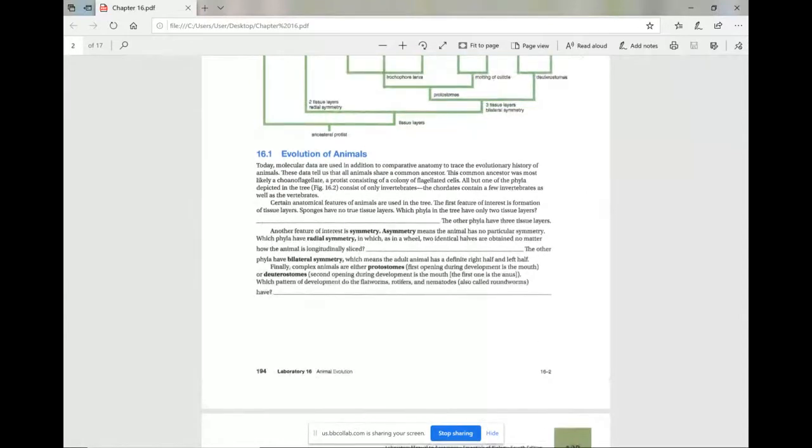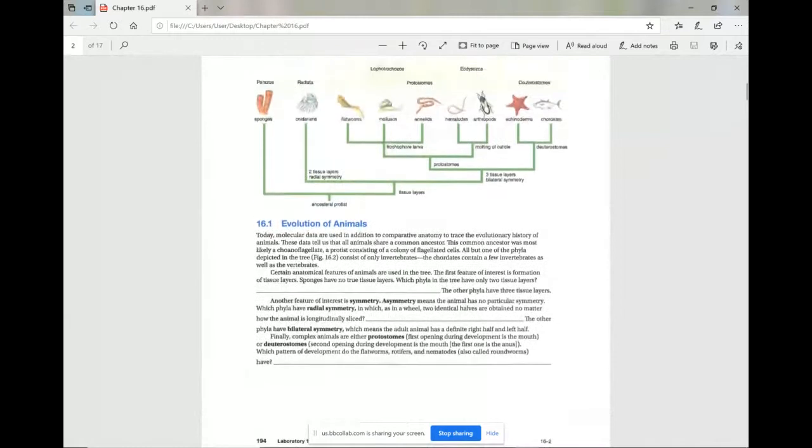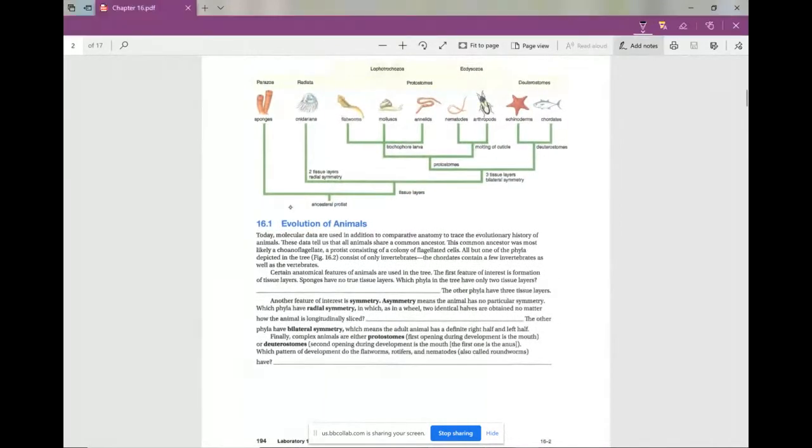Okay, so here, the first feature of interest is formation of tissue layers, right? Here we go, tissue layers. Which phyla have only 2 tissue layers?